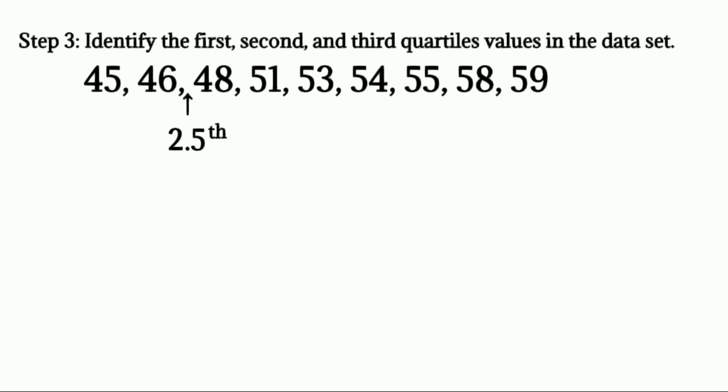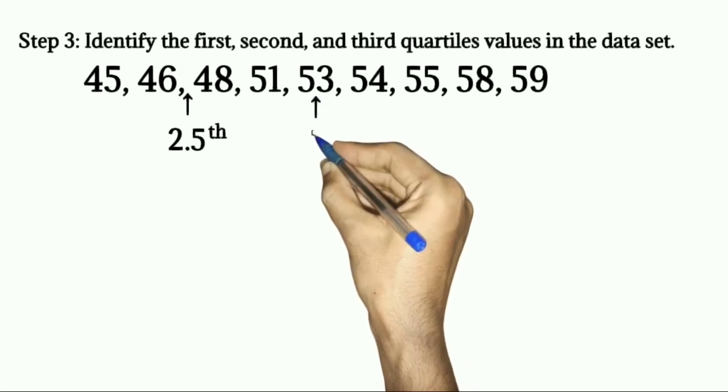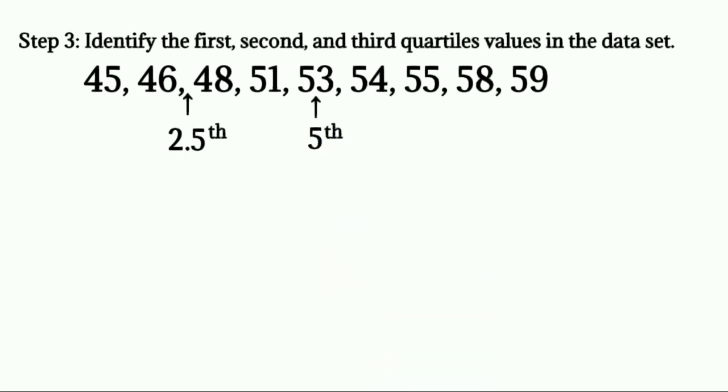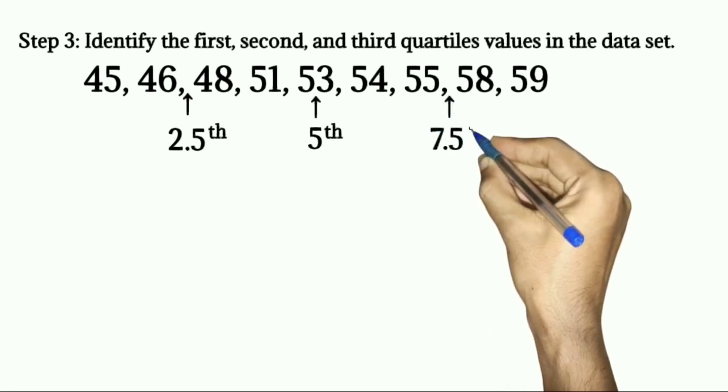Walang problema dun sa second quartile kasi the second quartile is equal to 5. Therefore, the fifth value is 53. The third quartile is equal to 7.5. Therefore, the 7.5th value falls between 55 and 58.